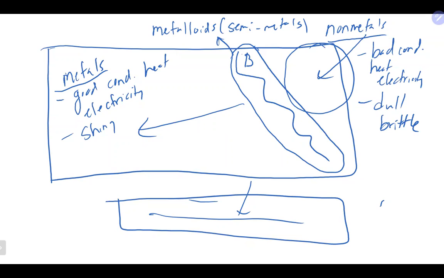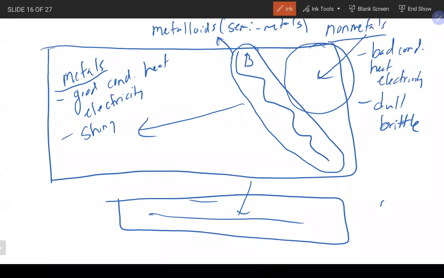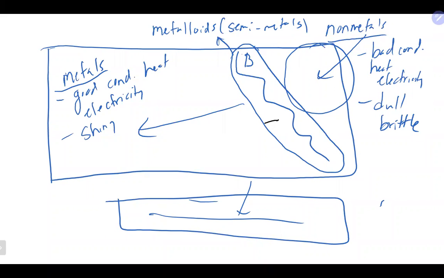There's that transition as you go from metals to non-metals on the periodic table. So these guys in the metalloid region will have properties similar to metals and properties similar to non-metals, and they're sometimes referred to as semiconductors in that range, because they have properties that are very similar to metals and some that, again, are very similar to non-metals.